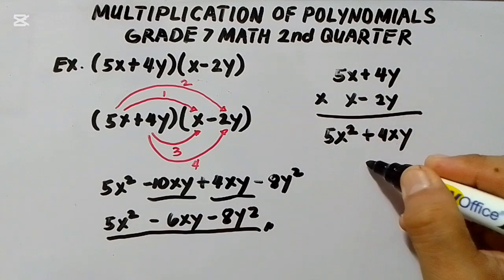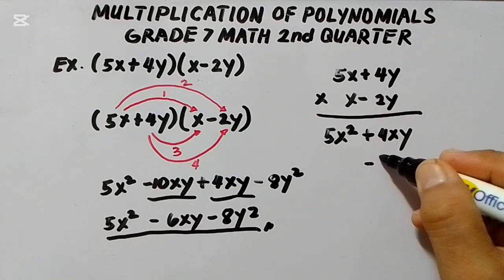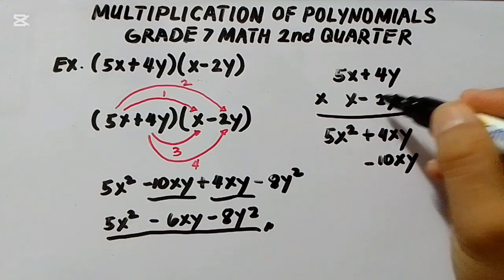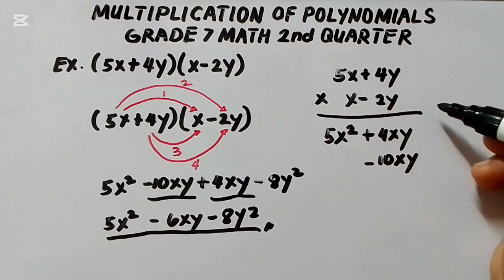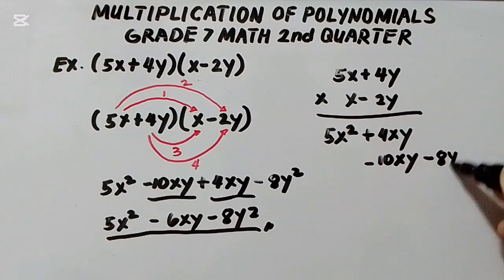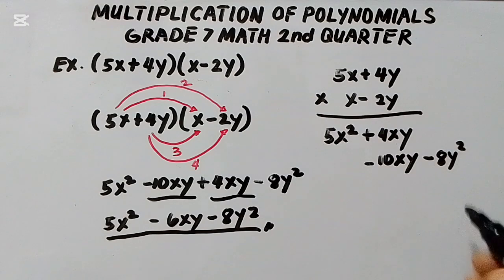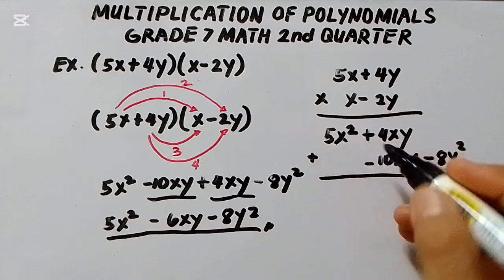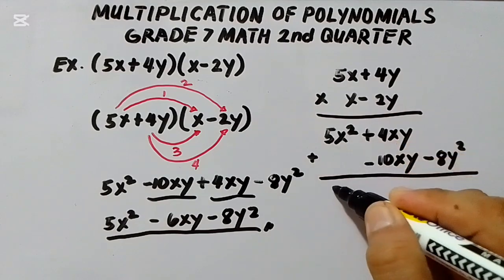Okay, so dito na natin itatapat dahil like terms po sila. xy. Then, negative 2y times positive 4y, that is negative 8y squared. Then, i-add po natin. So, copy 5x squared.